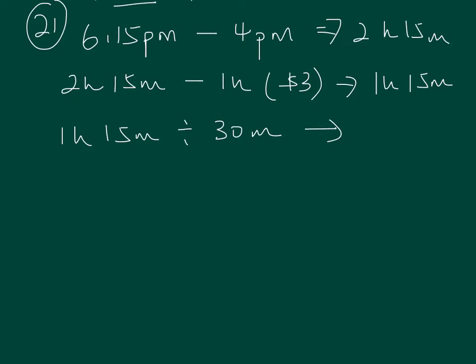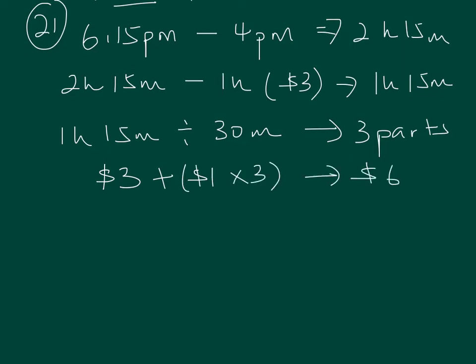Okay, so 1 hour there's 30 minutes plus that 15, we have 3 parts. Each part is $1. So the first hour of $3 plus $1 per part times 3 parts. So altogether we have to pay $6 of car park charges. So for question 21, our answer is $6.